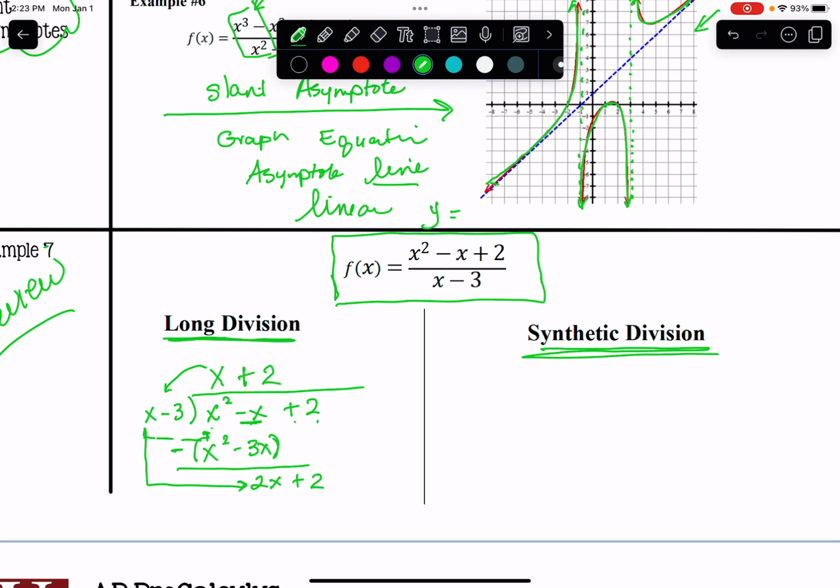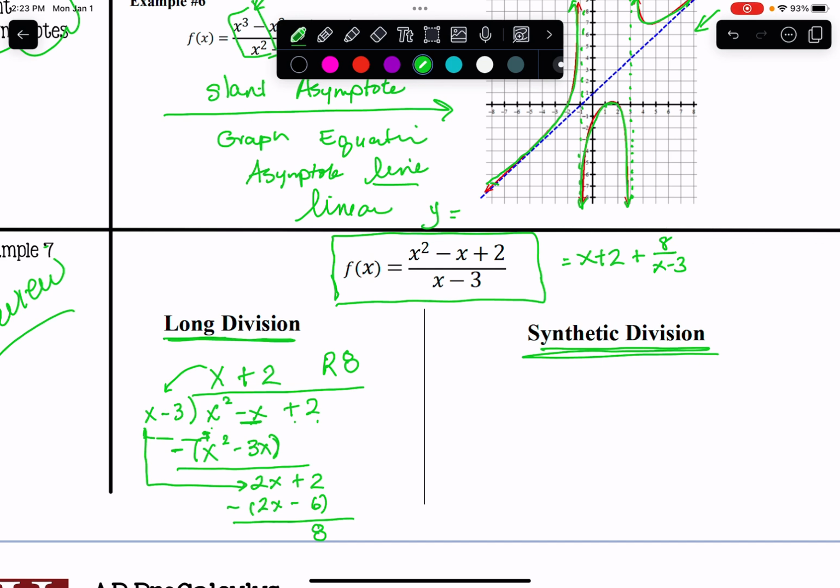And if we continue on, we get 2x minus 6, which gives us negative 2 plus 6, so it's going to give us a remainder of 8. So I'm just going to put R8 like in the old days. Now, what you found is that this can be written as the answer x plus 2 plus 8 over x minus 3.